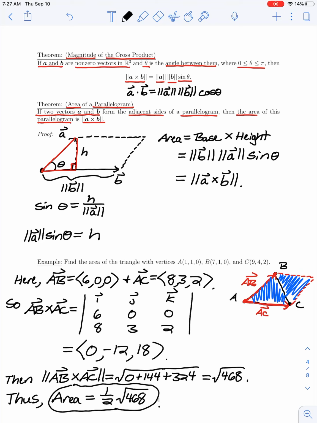And we saw that the cross product can be defined in terms of a determinant of a 3 by 3 matrix. And this cross product has some nice properties. In particular, it is orthogonal to both the vectors A and B. And its magnitude gives us the area of a parallelogram determined by two vectors, or equivalently, the area of a triangle formed by 3 points in space.